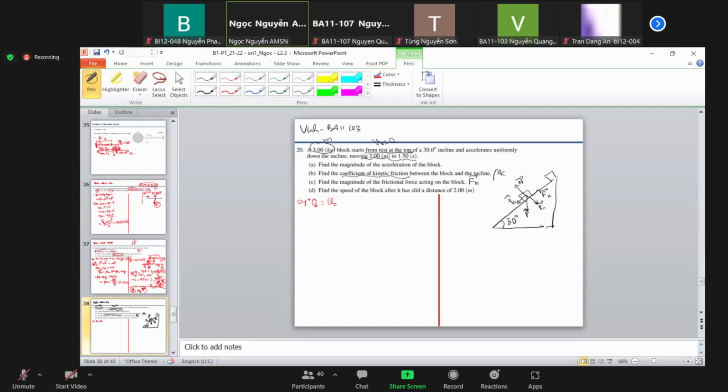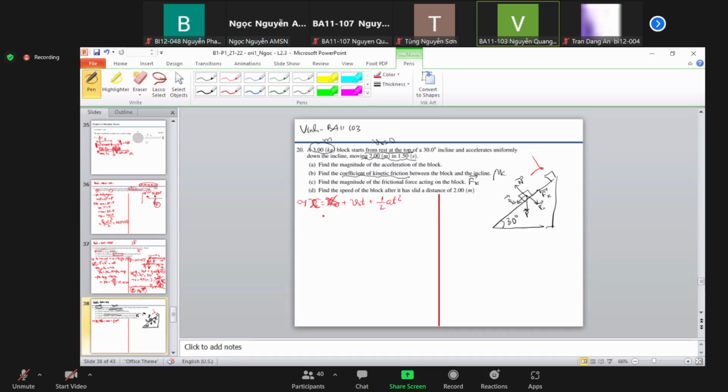Here the equation of the position should be x. The general equation will be x0 plus v0 t plus 1/2 a t square, right? But if the origin of the coordinate is here at the beginning of the motion of the object, x0 will be 0, right? Be careful with x or s.